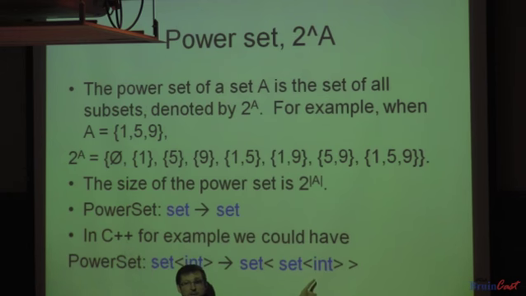Just think of the example above. Our input is a set of ints, say, with elements 1, 5, 9. The 2 to the A is a set of sets of ints. Each element in the 2 to the A is a set consisting of a certain number of objects. So again, it's a subtle difference between the idea and the practical implementation of that idea.